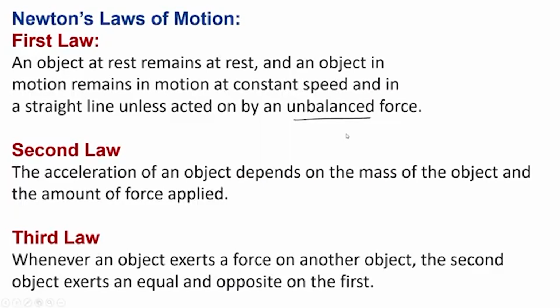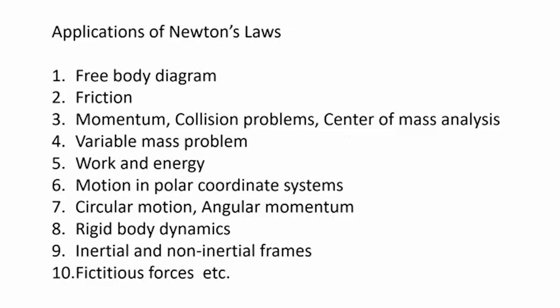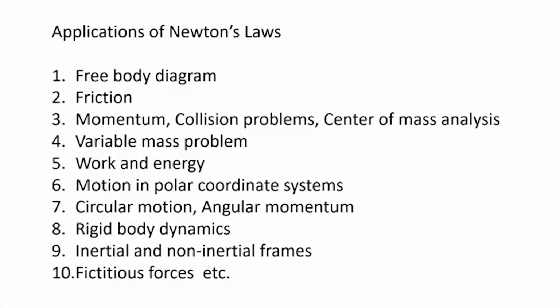So, this action and reaction have to take place between a pair of bodies. There are many things about Newton's laws, and we will not be able to cover all of them, but some of the things that are of importance and you should definitely have a look at are the free body diagram, the concept of friction, how it takes place and in which direction it is and what it depends on, etc. Then we talk about momentum, mainly the linear momentum.